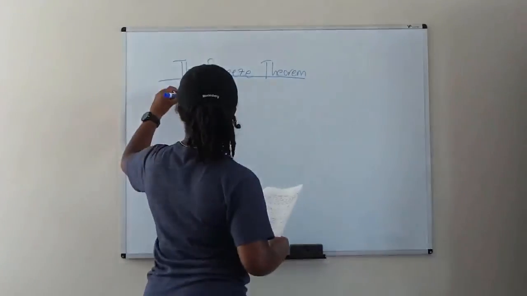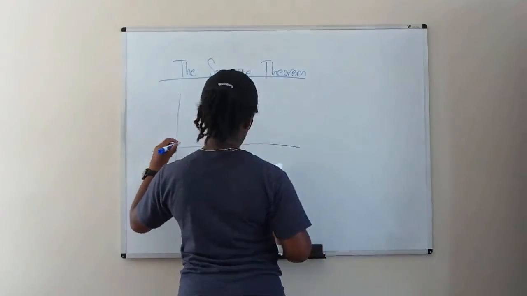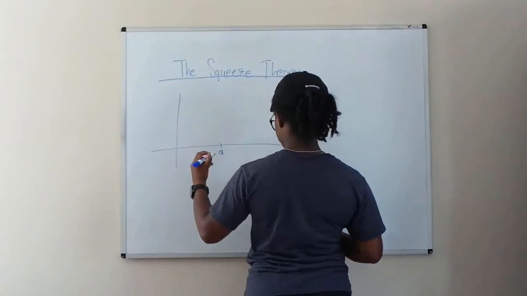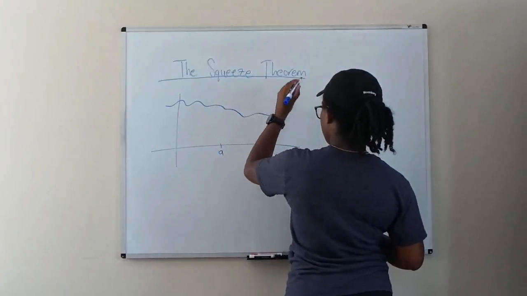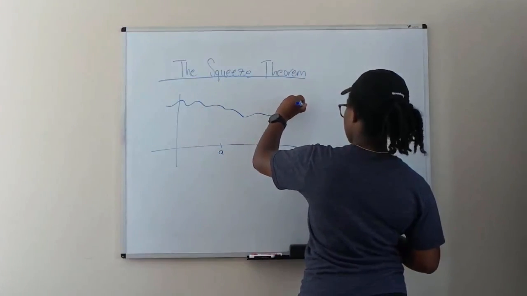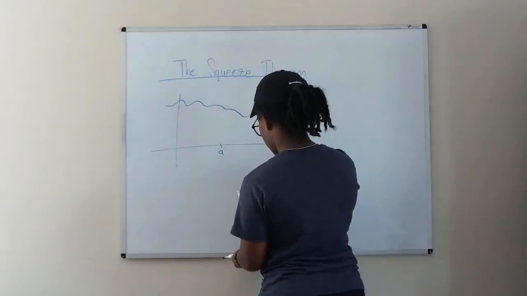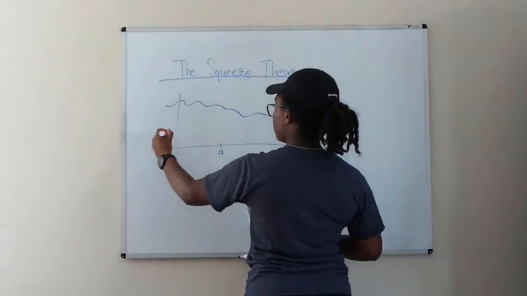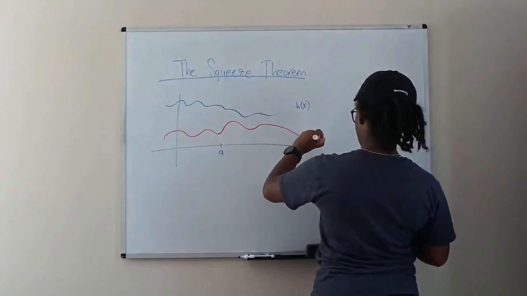Okay, so I'm going to draw an example of what I'm talking about. So let's say we have this value a, and we're going to call this h of x. Then I'm going to use another color. This one is going to be g of x.